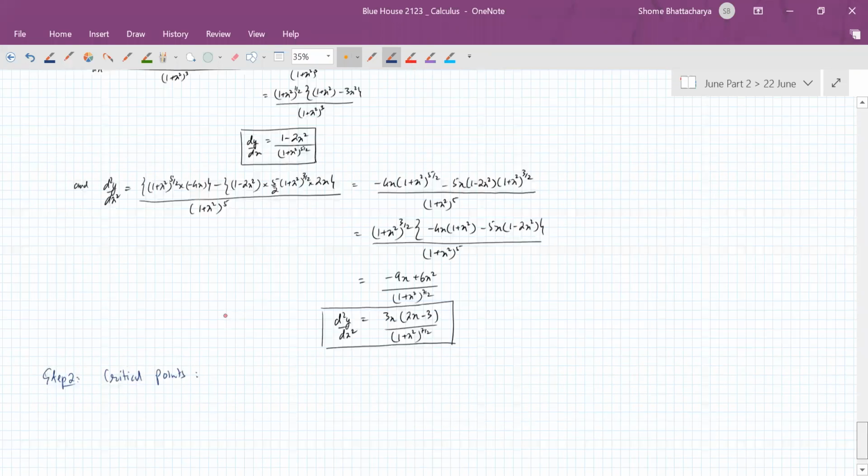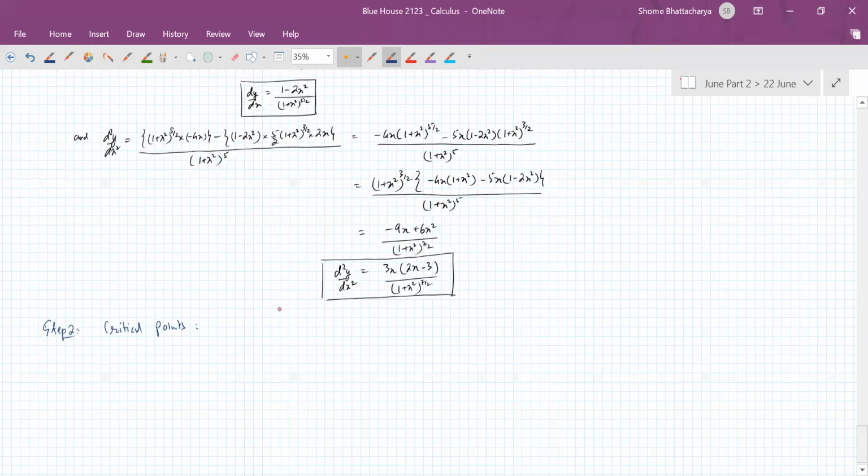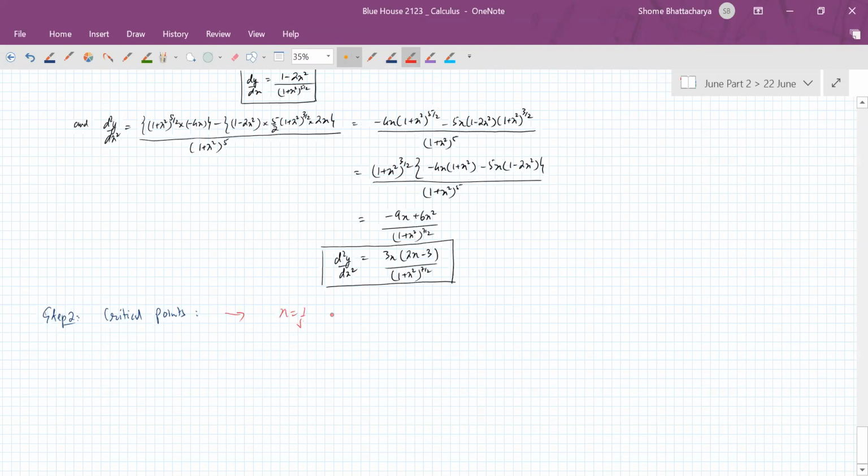So just to save a bit of time, I'll just put the values here. So x equal to 1 by root 2 and x equal to minus 1 by root 2. These two will be our critical points.